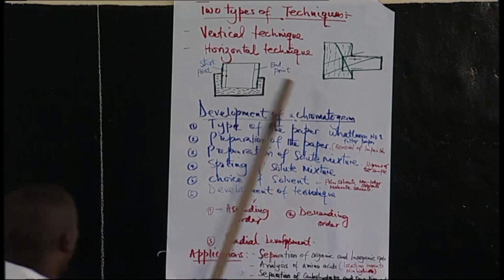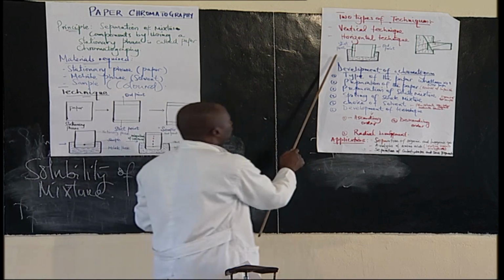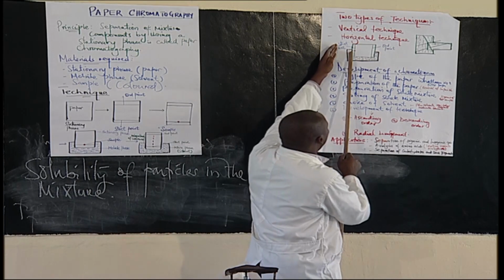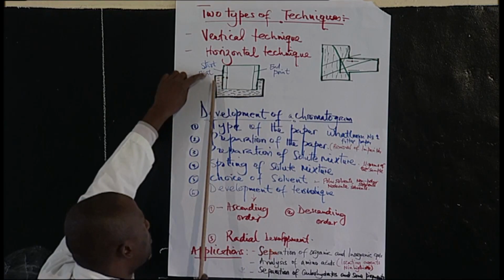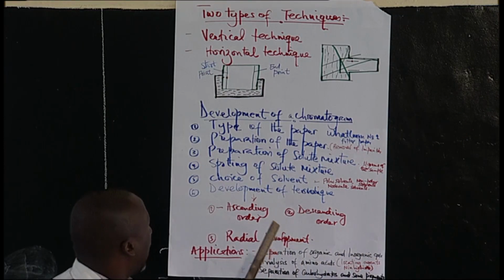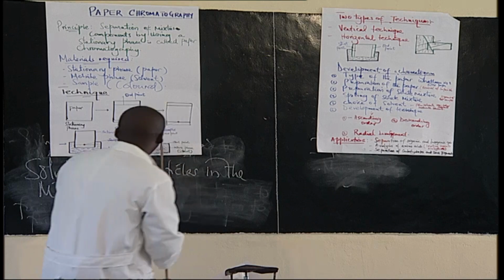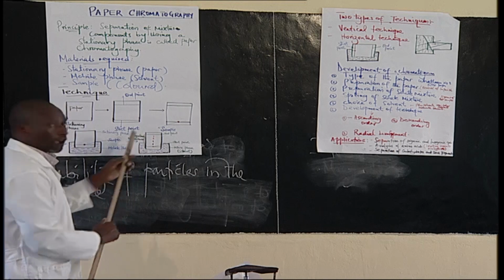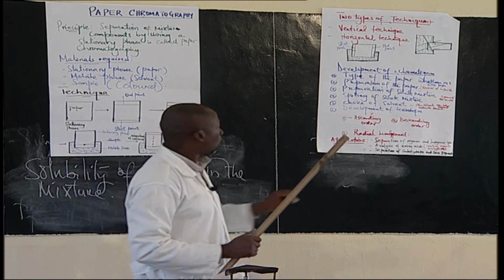The vertical technique is this one, which was moving. The horizontal technique is this one, whereby you have the sample here, moving in a horizontal direction. The whole of this paper, after separation, is what we call a chromatogram.